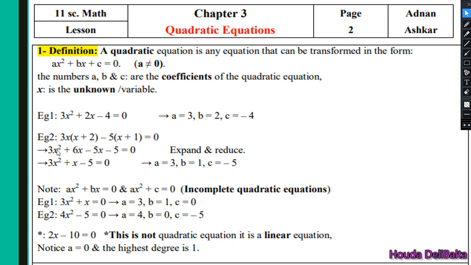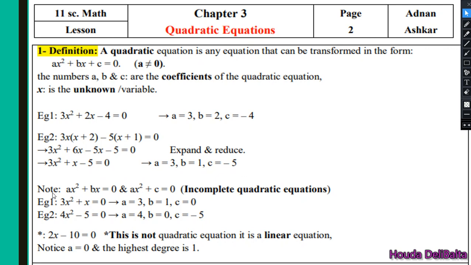Expanding these factors, we get 3x squared plus 6x minus 5x minus 5, and reducing them, we get 3x squared plus x minus 5. Again, a is the coefficient of x squared, which is 3, b is the coefficient of x, which is 1, and c is minus 5.